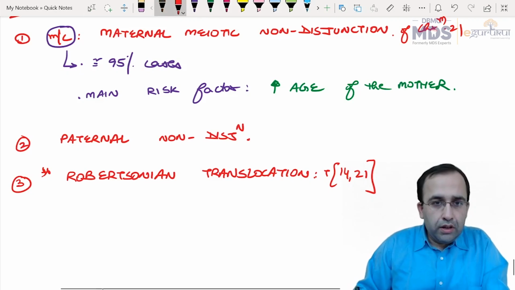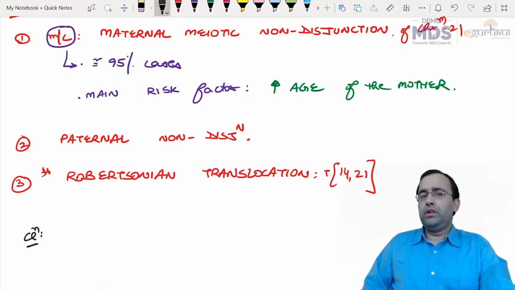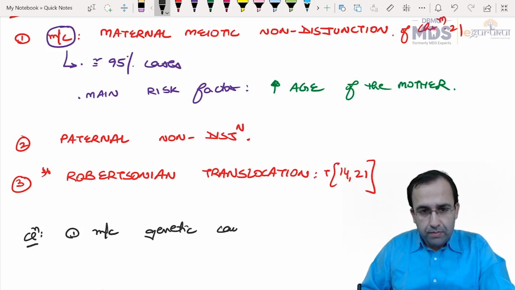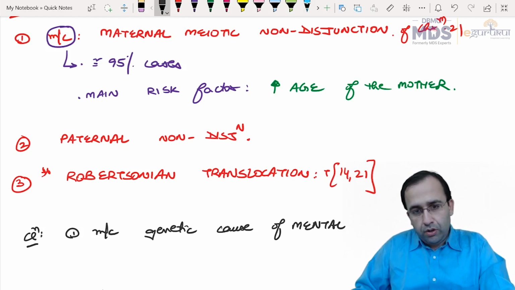Next point, Down syndrome. Clinically, Down syndrome is the most common genetic cause of mental retardation. You already know that.